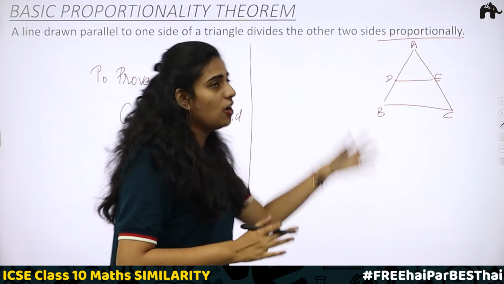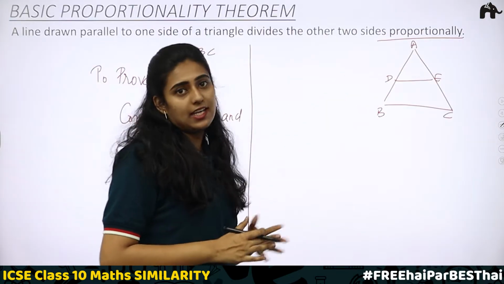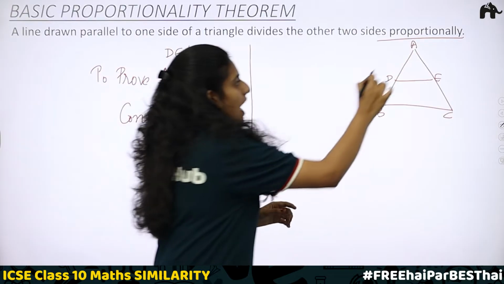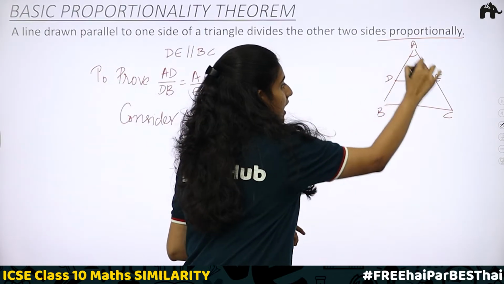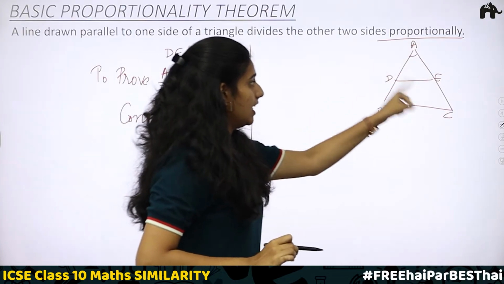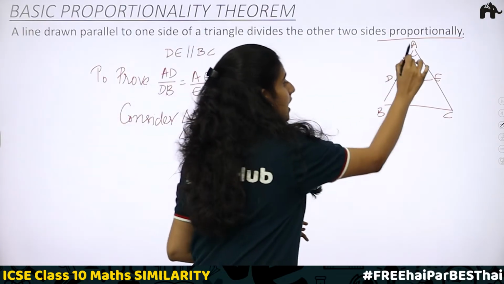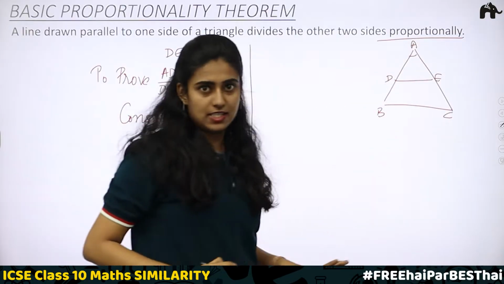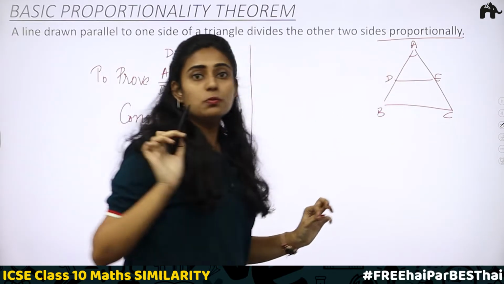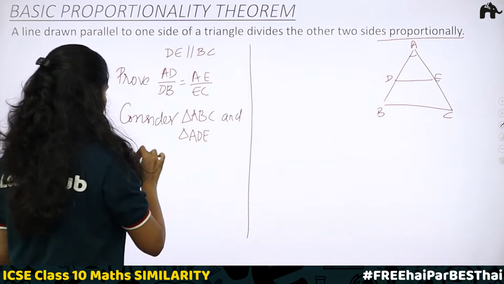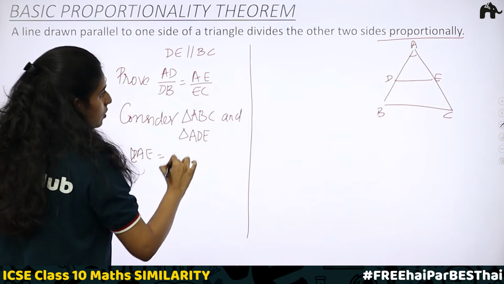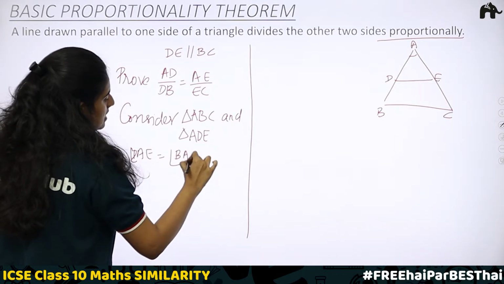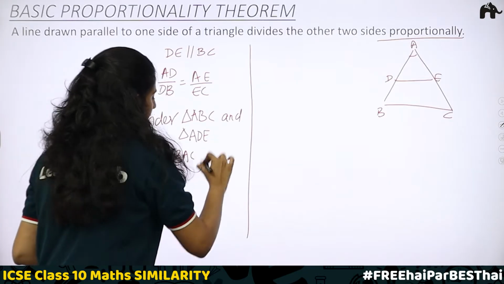If it obeys any of these postulates, then the two triangles will be similar. Here we have a common angle, this angle A, which is DAE of triangle ADE and BAC of triangle ABC. This angle is common to both the triangles, which means we can write angle DAE is equal to angle BAC. The reason is common angle.